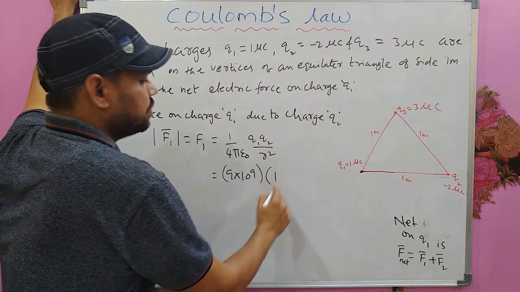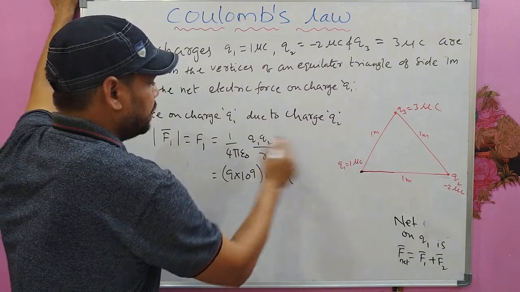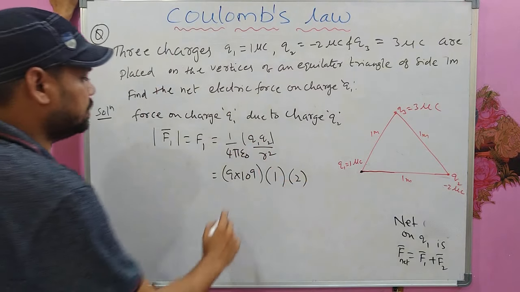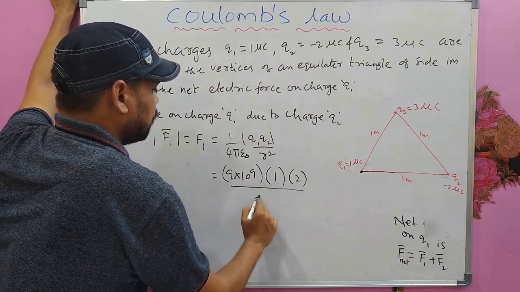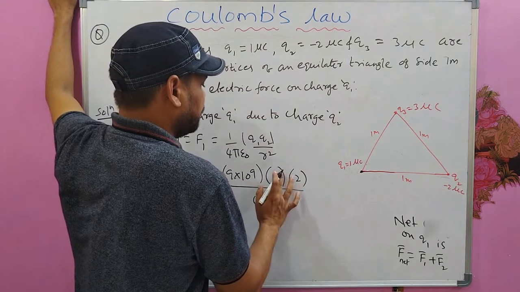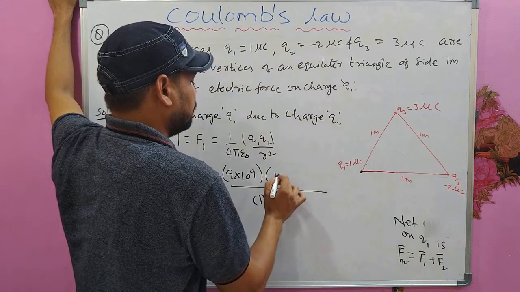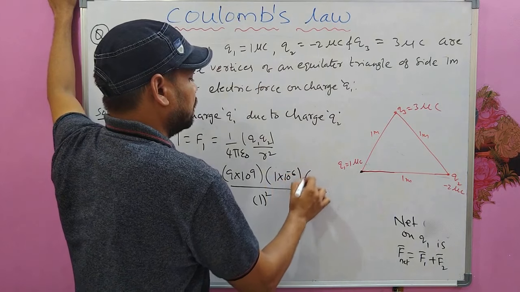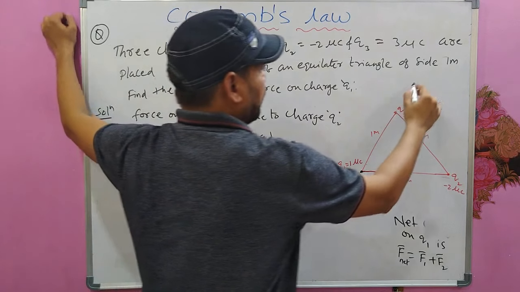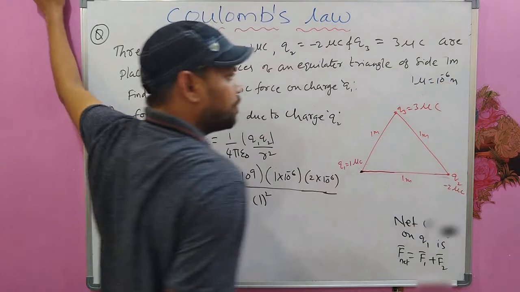Q1 is how much? 1. Q2 is how much? Since we are writing the magnitude, we write only the magnitude of the charge, by 1 square. So this is 1 into 10 to the power of minus 6 and 2 into 10 to the power of minus 6, where micro equals 10 to the power of minus 6.